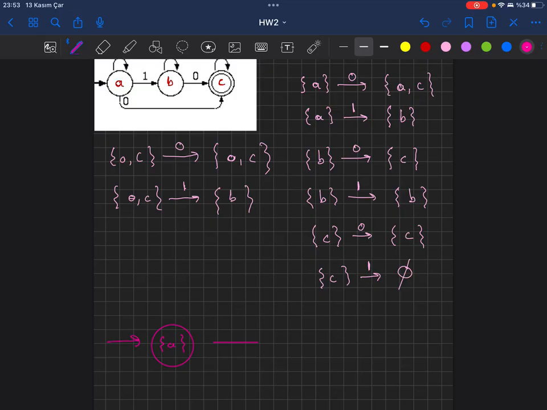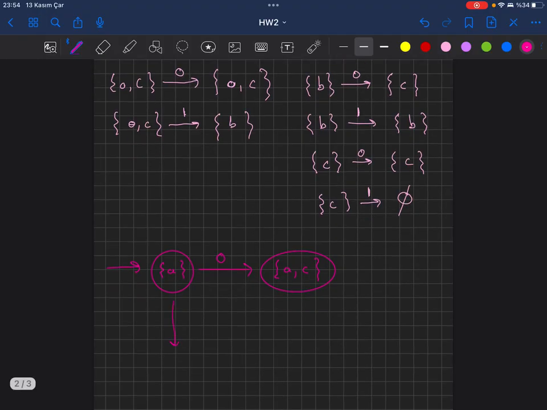Just draw. With 0 it is going to AC, right? Yes, sorry about the shape. We did this, so draw. With 1, go to B.